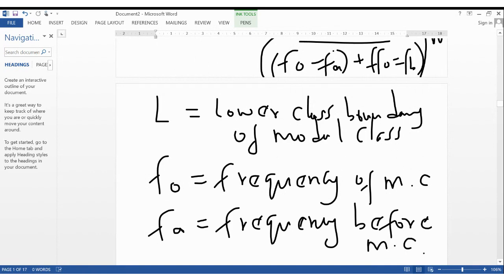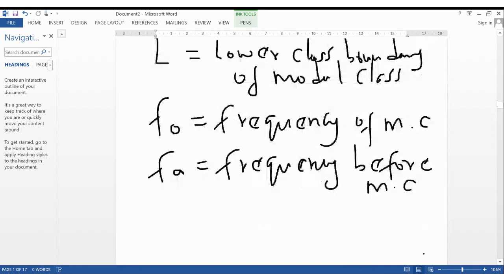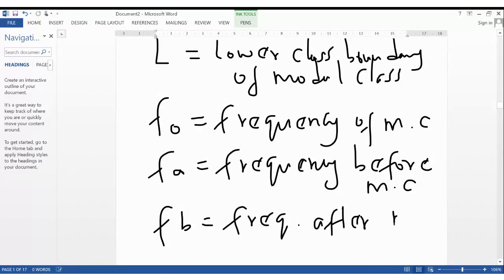And then we have FB, the frequency after the modal class. Very important. And our last term, W, is the class width.